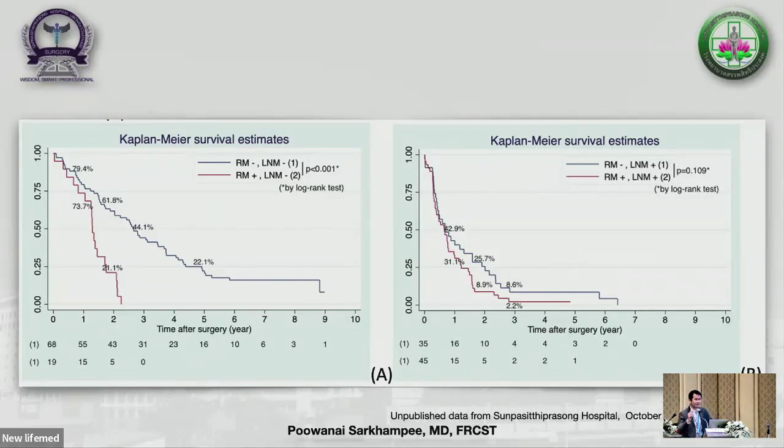I think this is the most important topic, because in node positive patients there's a role for neoadjuvant treatment, while adjuvant treatment is not effective nowadays. So when you perform curative resection in a patient with grossly positive lymph nodes in perihilar cholangiocarcinoma, you must consider this result.